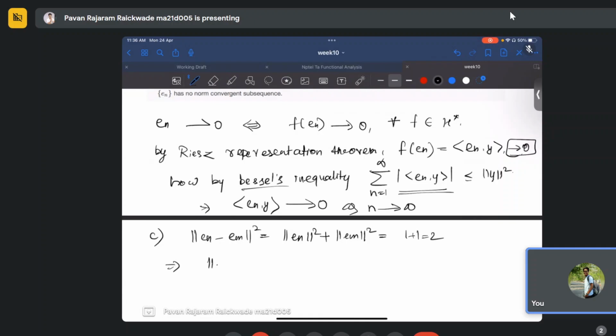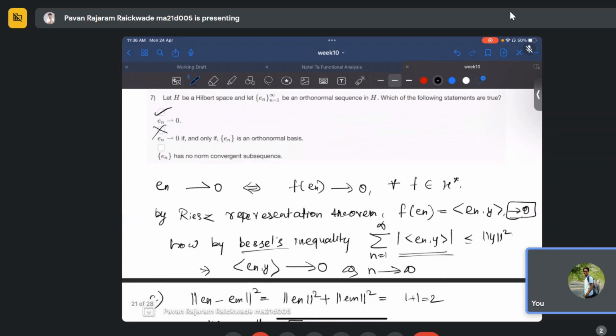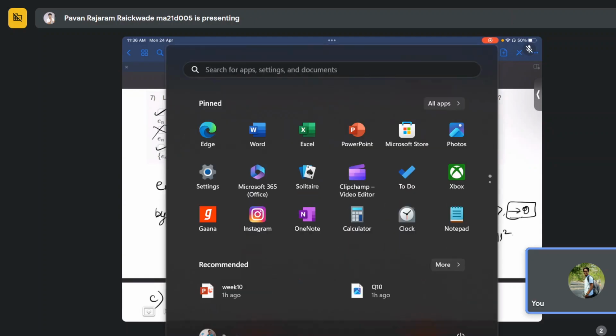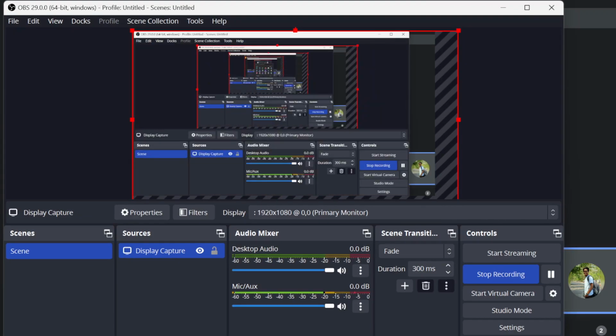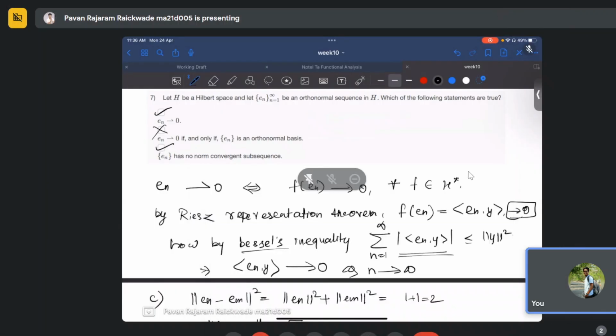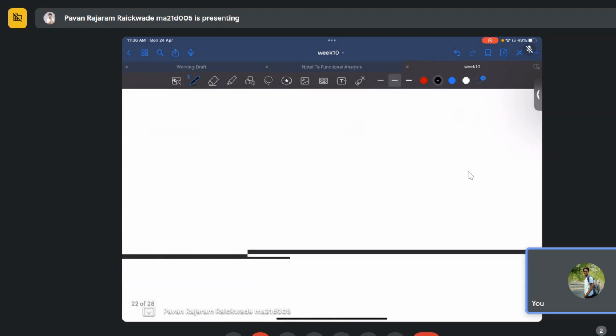That means you are not going to find a subsequence of En which is Cauchy itself. And every convergent sequence is Cauchy, so you are not getting any convergent subsequence. So yes, this is true. The simple fact we have used is that every convergent sequence is Cauchy, and norm En is 1 for all n.